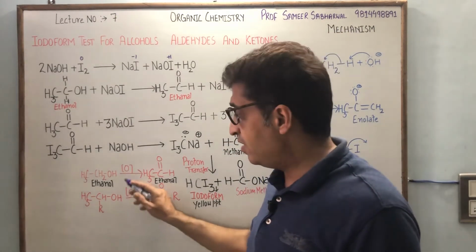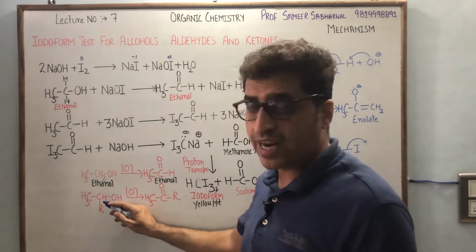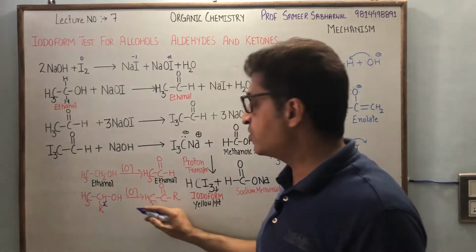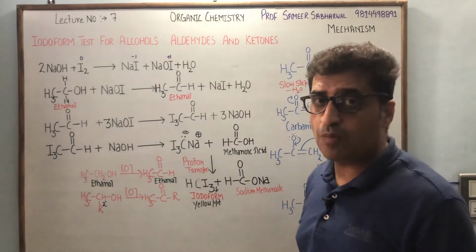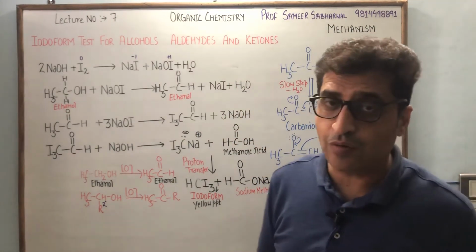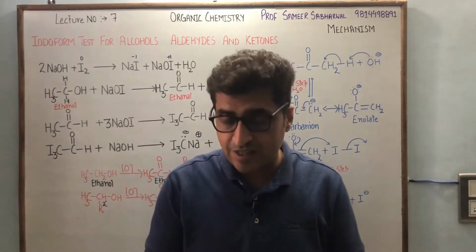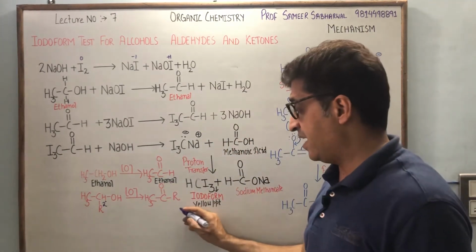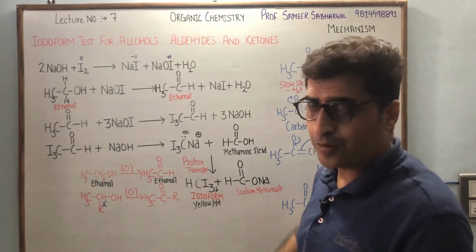On oxidation it gives ketones. A secondary alcohol on oxidation gives ketones. So I get CH3C double bond O R. So my main requirement for this test is the CH3C double bond O group. R could be anything, need not worry about R.